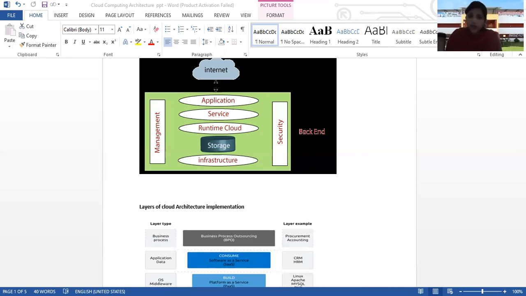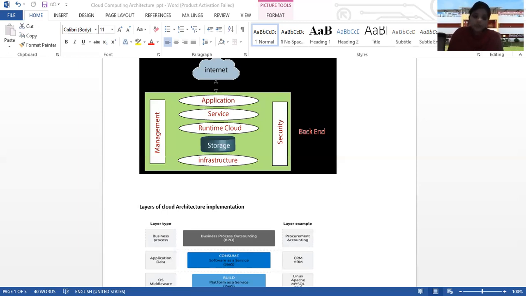Cloud infrastructure includes hardware and software components such as servers, storage, network devices, virtualization software, and other resources that are needed to support cloud computing models.